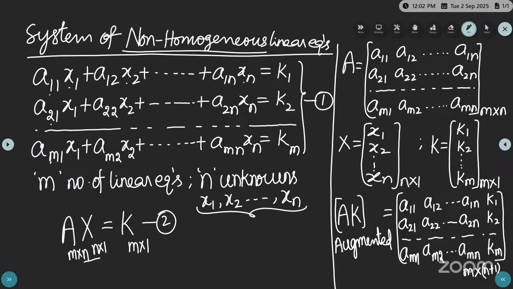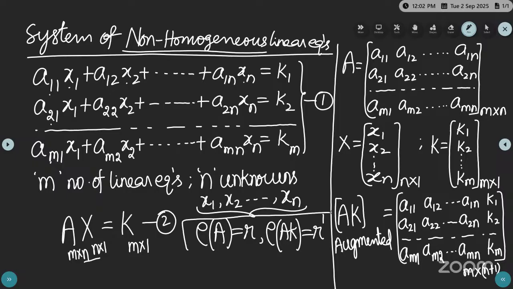Let the rank of the coefficient matrix equal small r and the rank of the augmented matrix equal r dash. Please write this down.